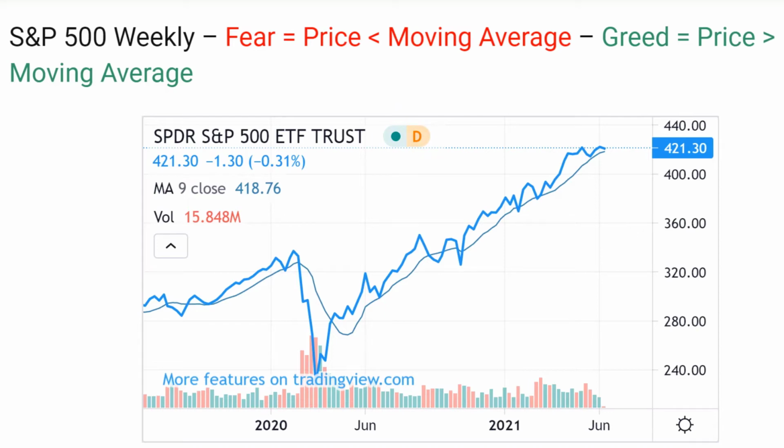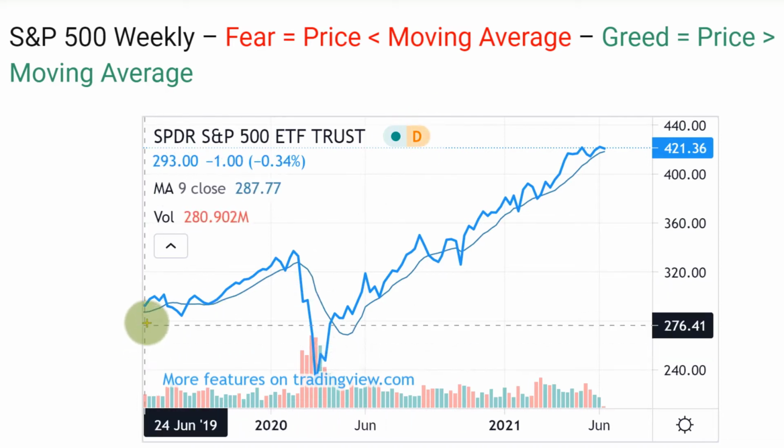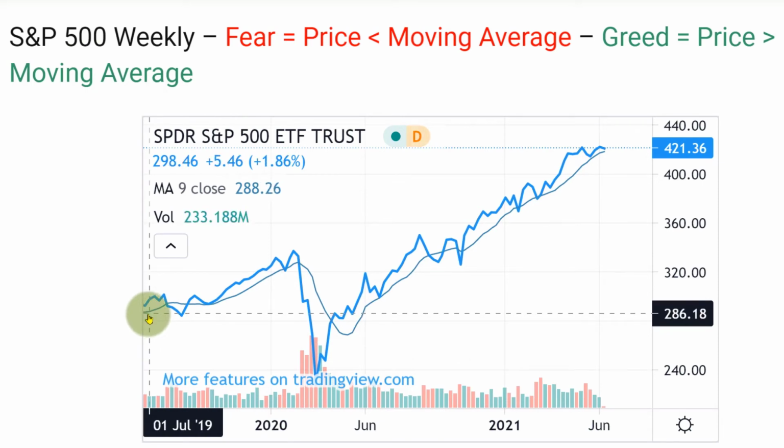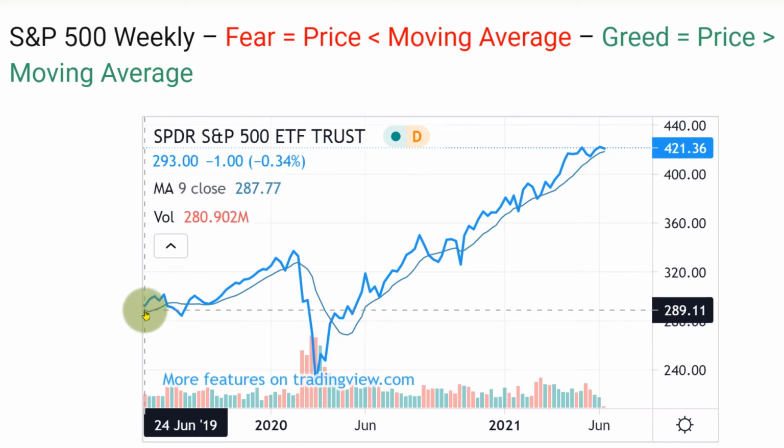So this is a weekly chart, so it's a 9-week moving average. How do we interpret this? Well, fear equals the price is lower than the moving average, and greed is price greater than the moving average.